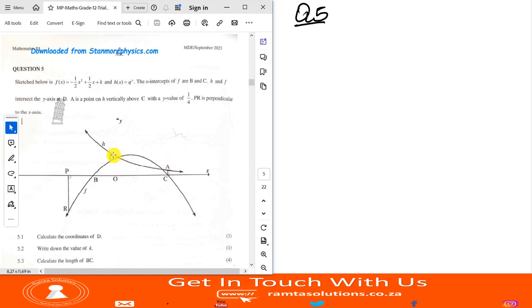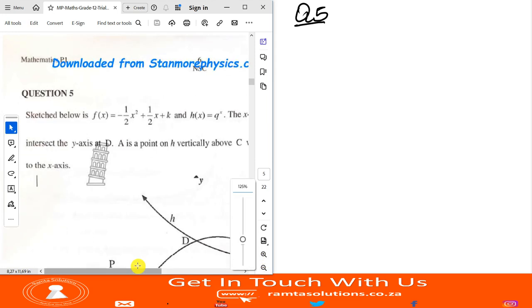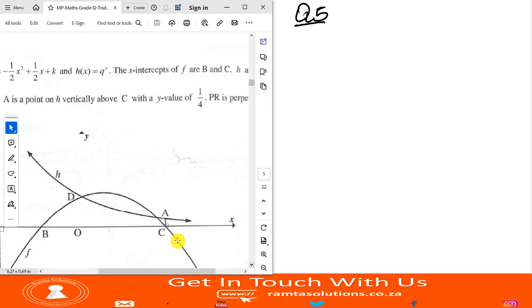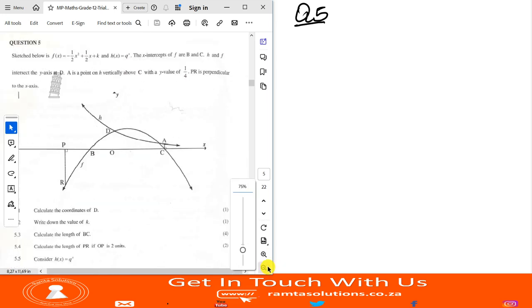Great. Now A is a point on h vertically above C. Okay, I can see vertically above, hence let me zoom this in. And by the way, guys, if you're using a mobile device, please rotate your screen. So indeed it is vertically above, and the very same problem they had earlier is still here.